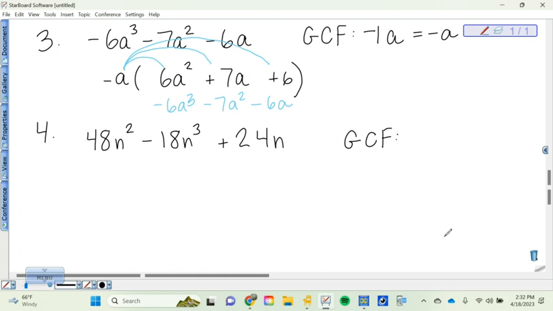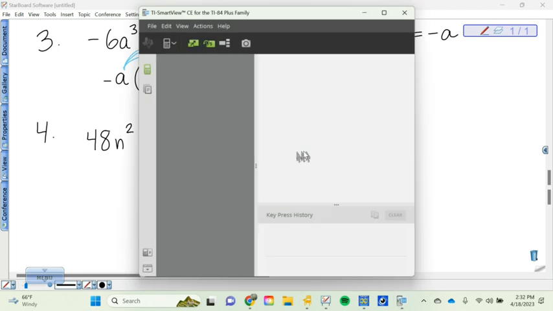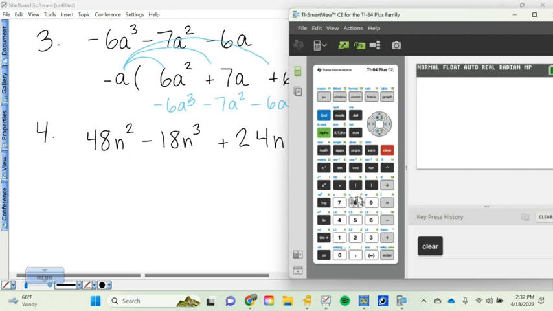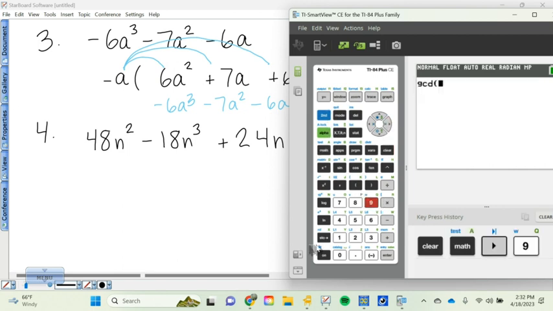Do you want me to go over how to find the greatest common factor of 3 numbers on your calculator? Okay. So we're looking at 48, 18, and 24. So we've got to do math, num, 9, and then do it again.